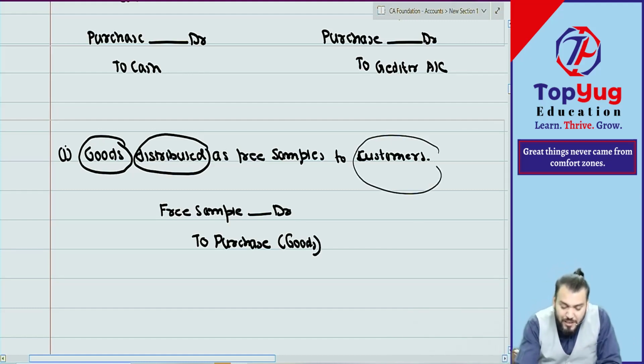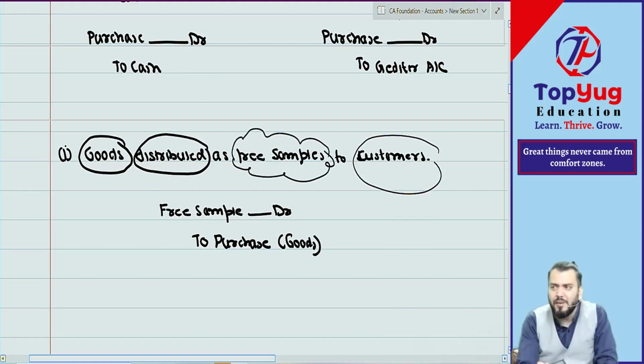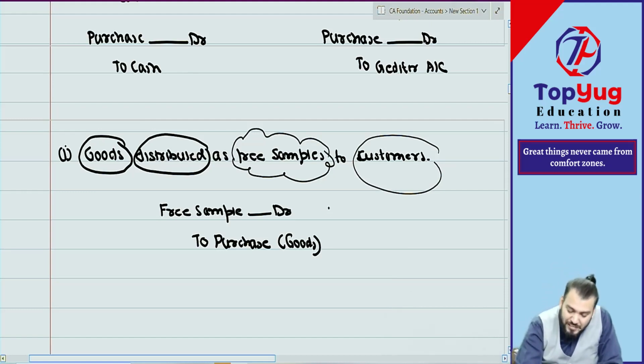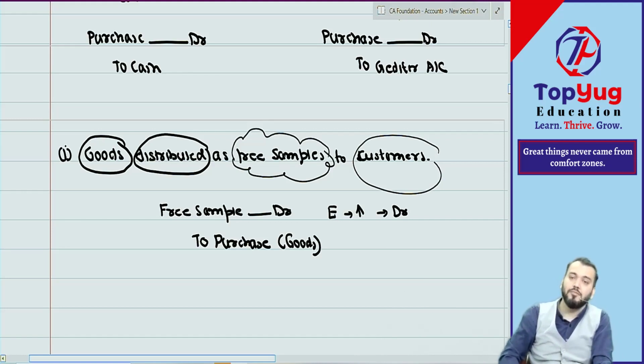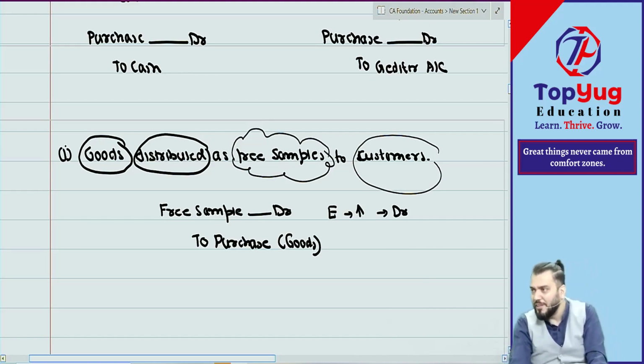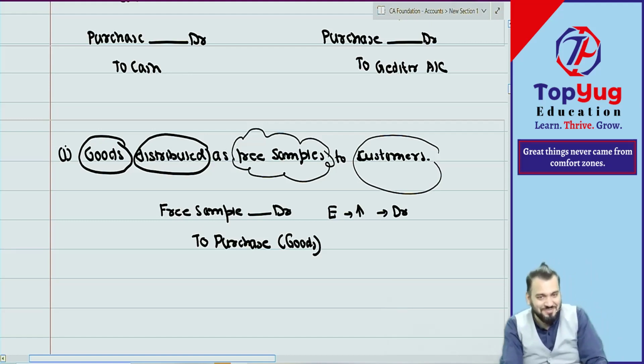So there are two aspects. One is goods and you have distributed them as a free sample. Free sample means you have given. For promotional activity, it becomes an expense. So it is an expense and there is an increase in expense, therefore debited. Now I will only use the modern rules. I think now you are comfortable with the modern rules. Okay, I will use both.